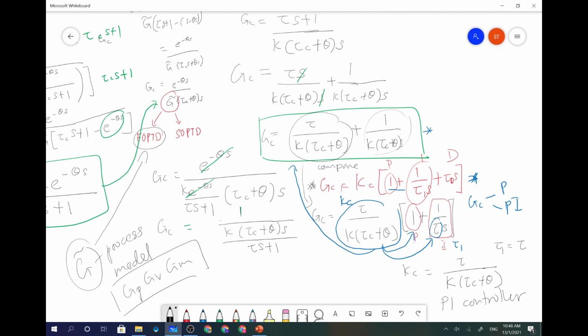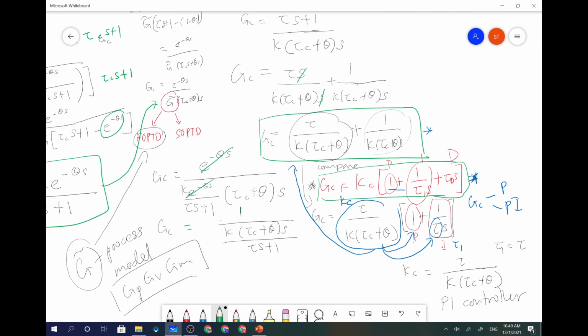This is a standard form of PID controller. You should memorize this. You should know. I'm sorry that it's quite messy around here, but you have to try. So please watch this derivation many times.